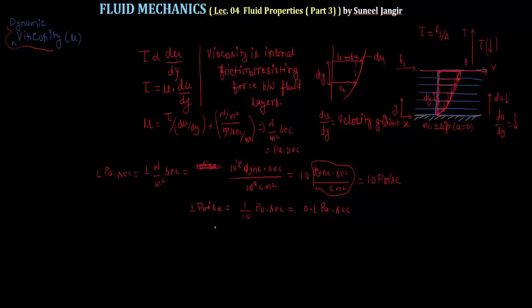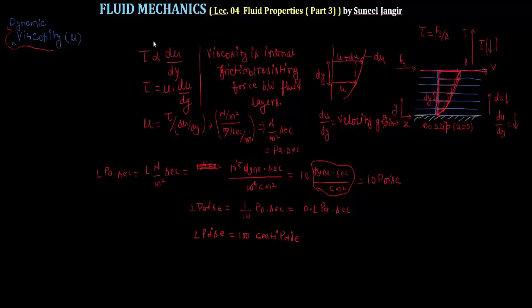Now, as 1 meter has 100 centimeter, similarly 1 poise is equal to 100 centipoise. So this is the unit conversion for this case.